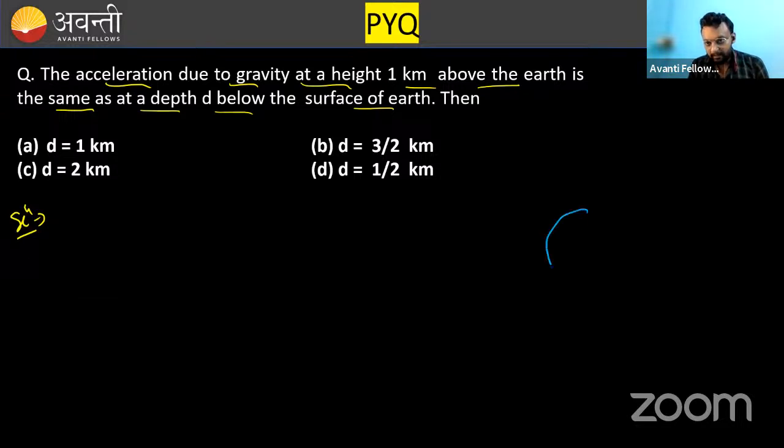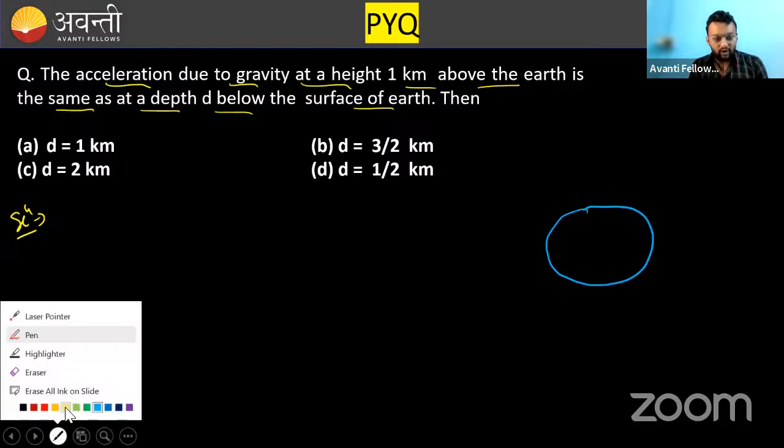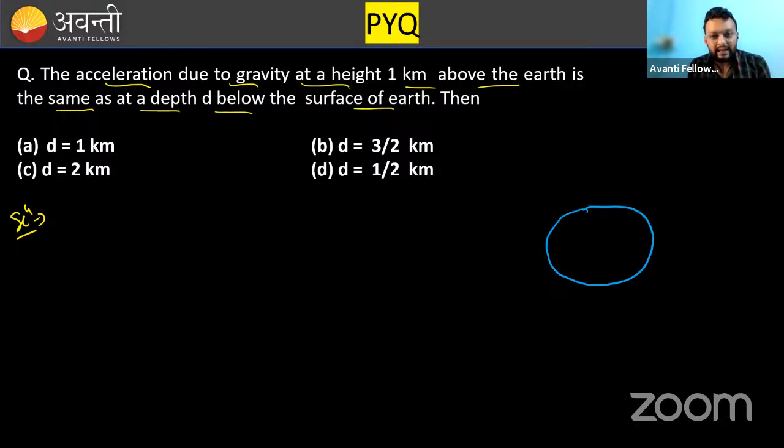Let's suppose this is the earth. And there is an object at a height of 1 kilometer above the earth. And let's suppose at a depth d below the surface.